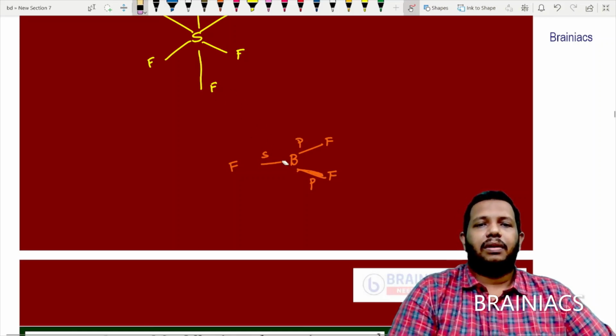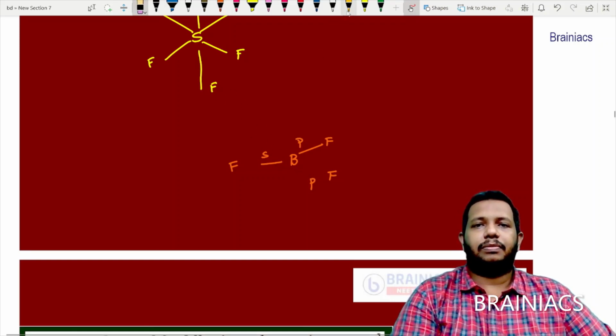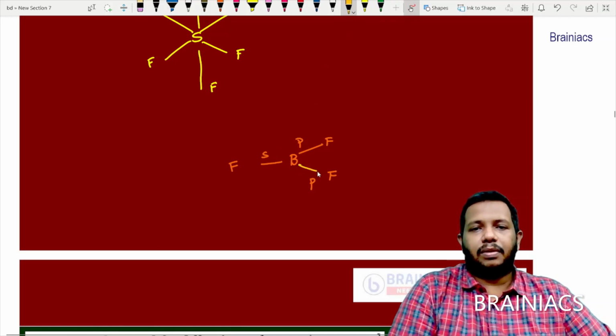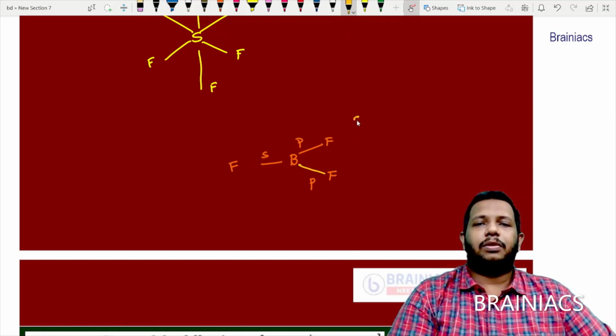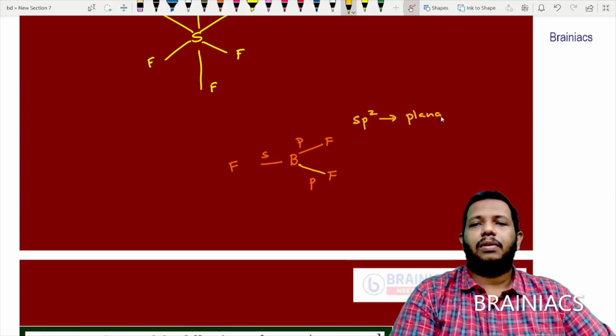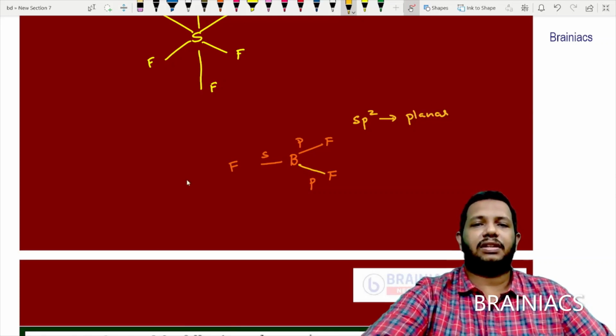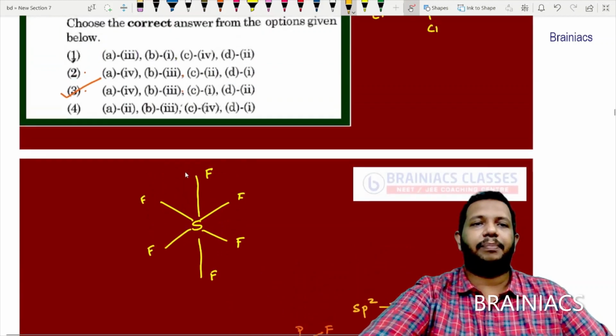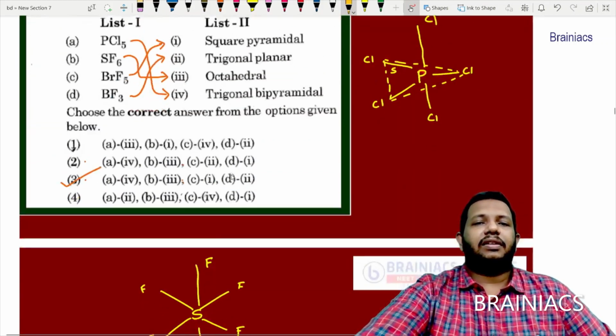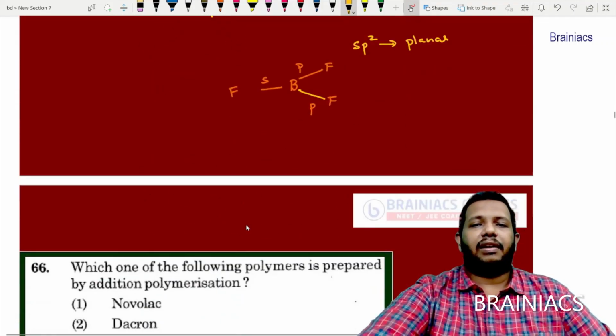Let me draw it to make it clear. If you have sp2 hybridization, its shape will be planar, and all the atoms will lie in the same plane. That is trigonal, 3 sides, so trigonal planar.